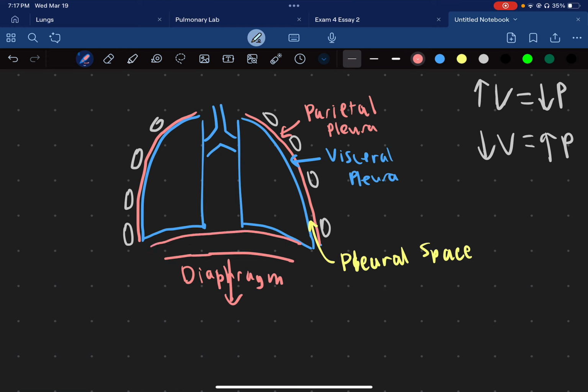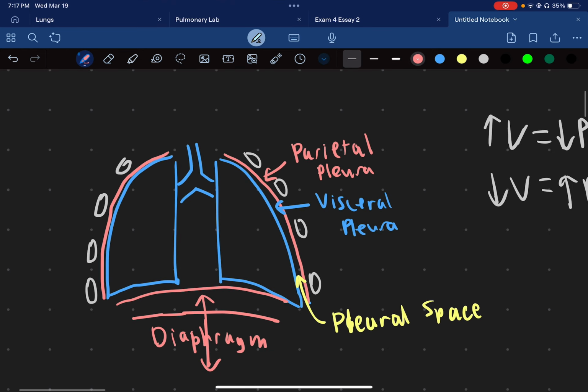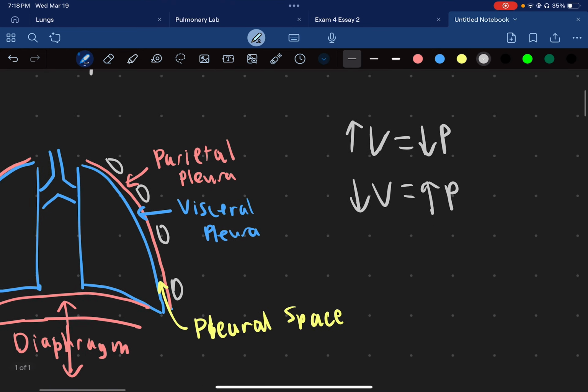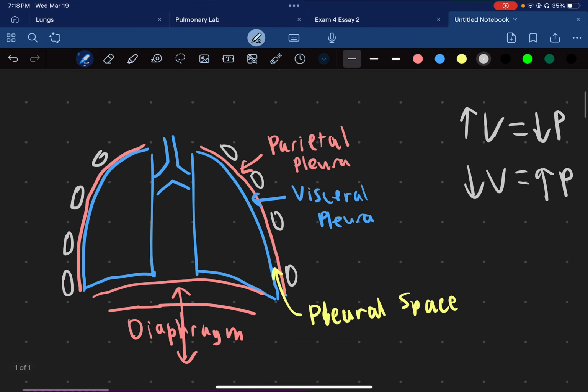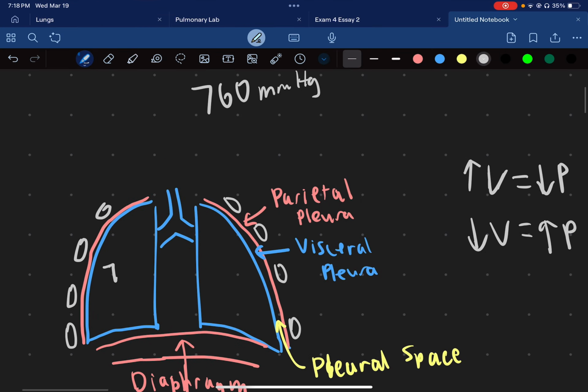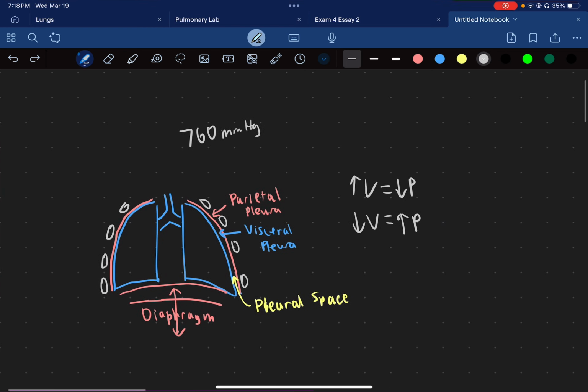Diaphragm pushes up, and our pressure, because the volume goes down, the pressure will increase. So say it's 765 now. That's going to push air out until it is balanced. So that is what makes negative pressure ventilation possible.